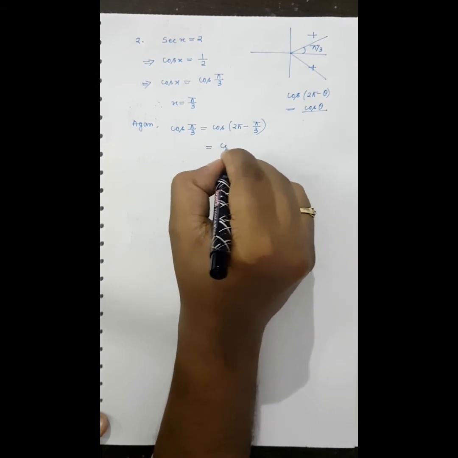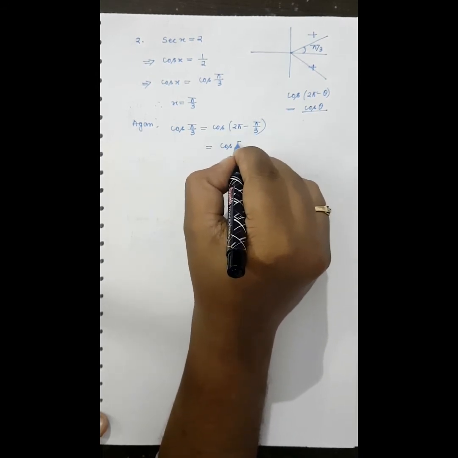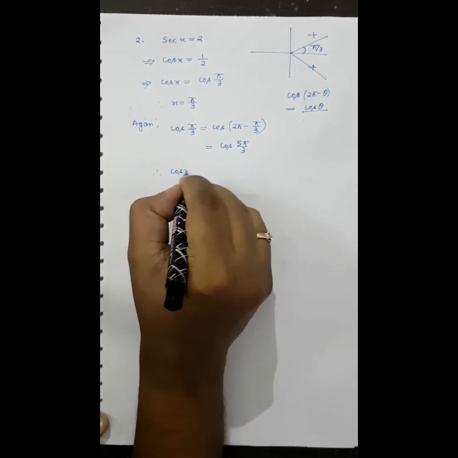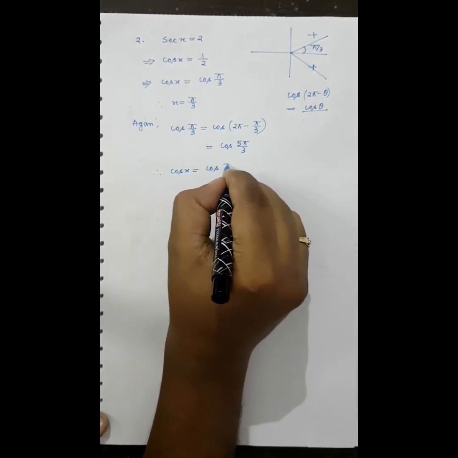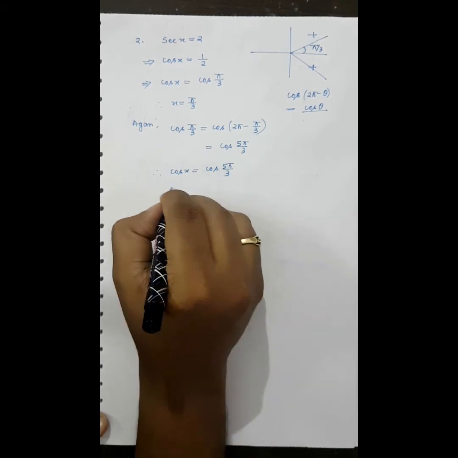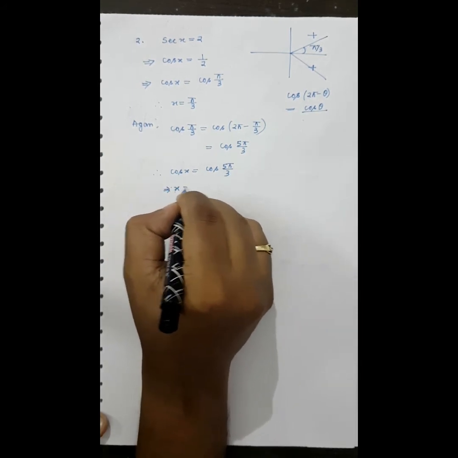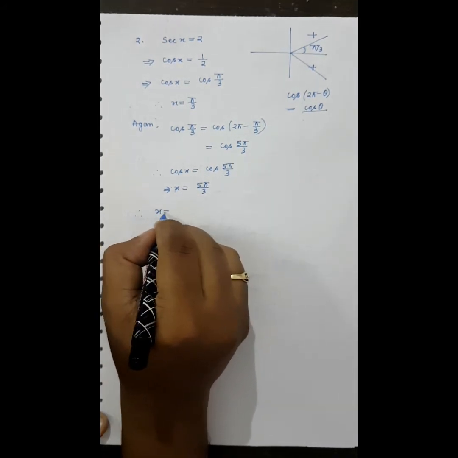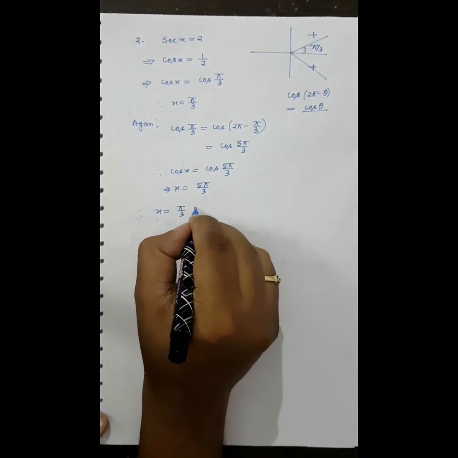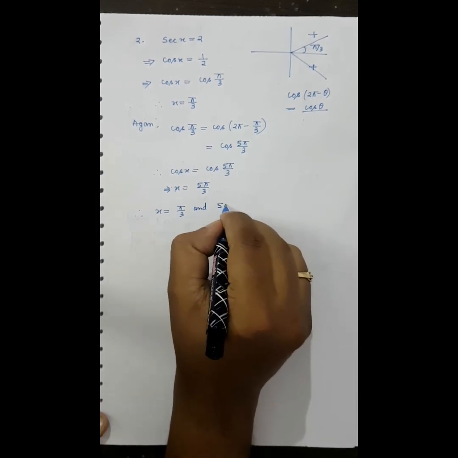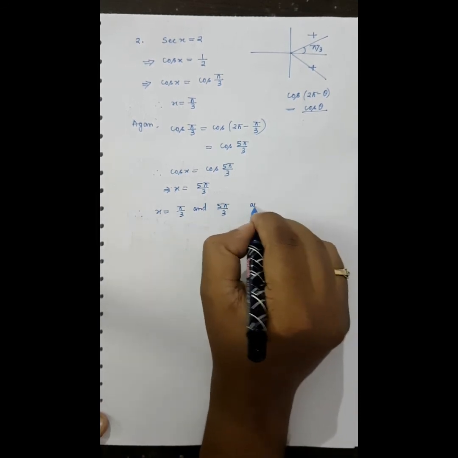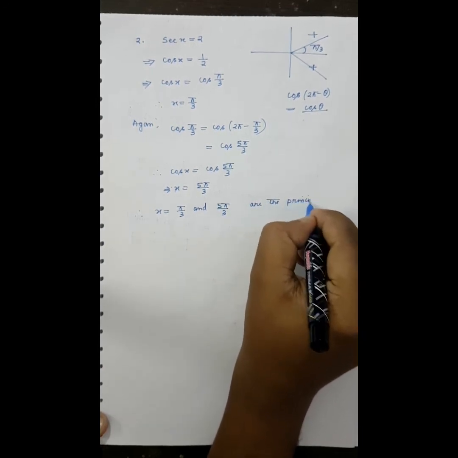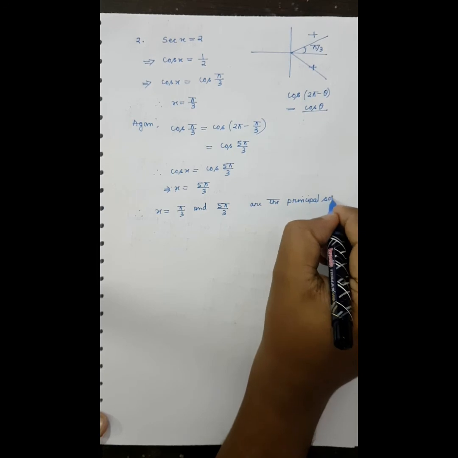Upon solving, we will get 5 pi by 3. Therefore cos x can be equal to cos 5 pi by 3. Therefore x will be equal to 5 pi by 3. Hence you can say x equal to pi by 3 and x equal to 5 pi by 3 are the principal solutions.